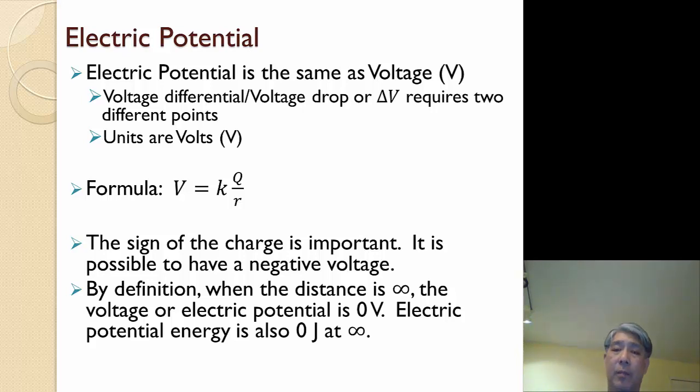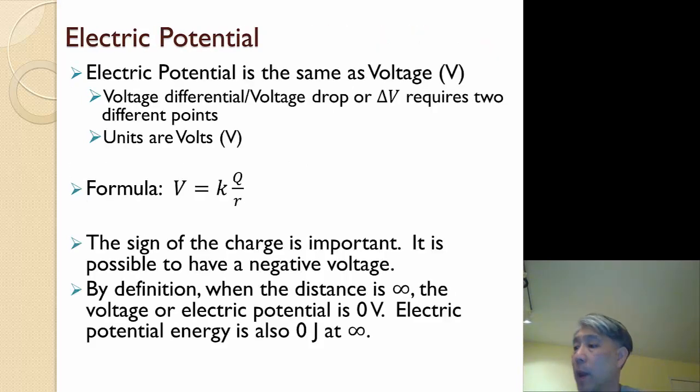One way to think of electric potential is if I took a small positive charge and placed it at that point in space, what would the potential energy be at that point?